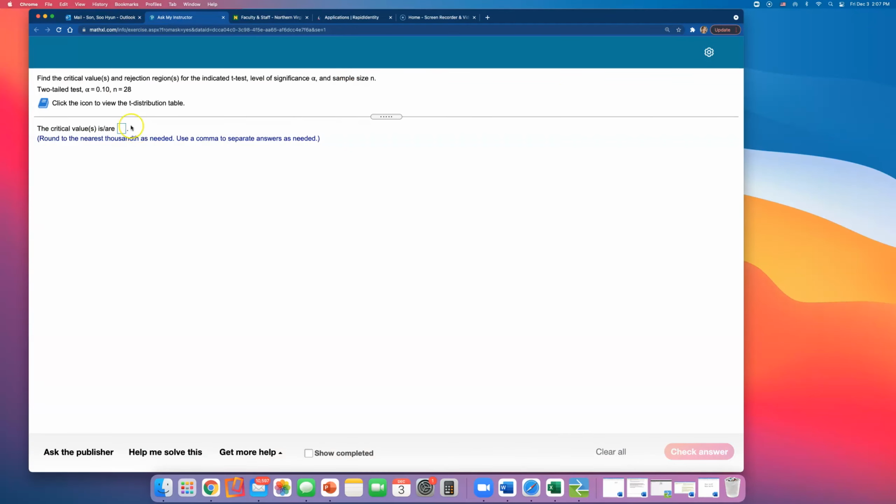So let's see. Find the critical value. Now what does that mean, right? The critical values are these special numbers on this number line that separate what we consider to be likely from what we consider to be unlikely. So what do they consider to be likely versus unlikely this time? Look at this for me. Two-tail test.